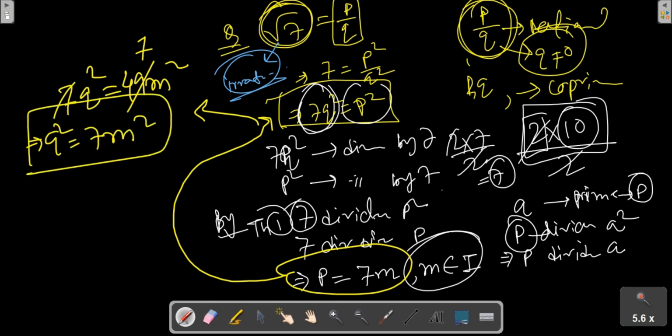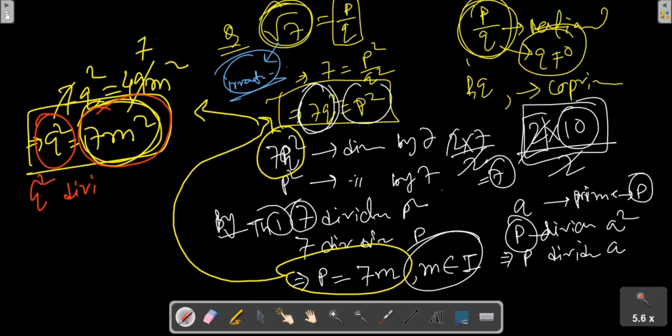Now as 7m square is always divisible by 7, just as I have told you that 7q square is divisible by 7, by that same reason 7m square will always be divisible by 7. So as q square and 7m square are equal, q square is also divisible by 7.